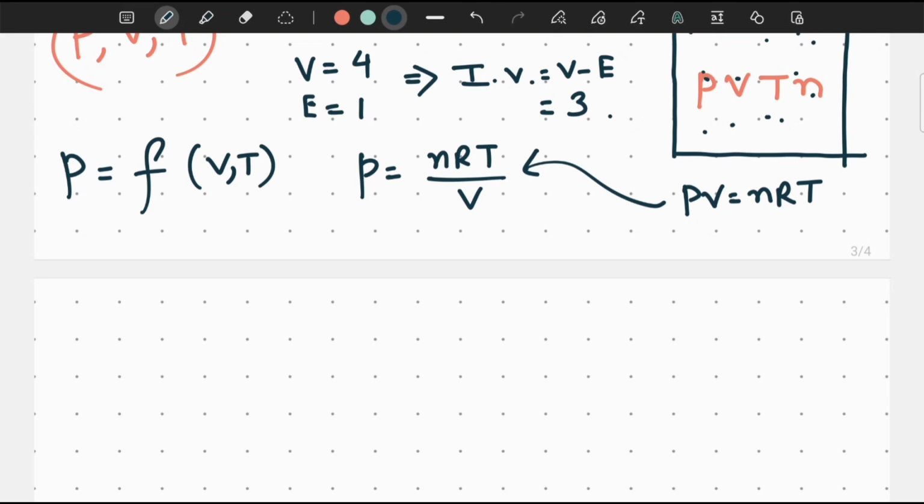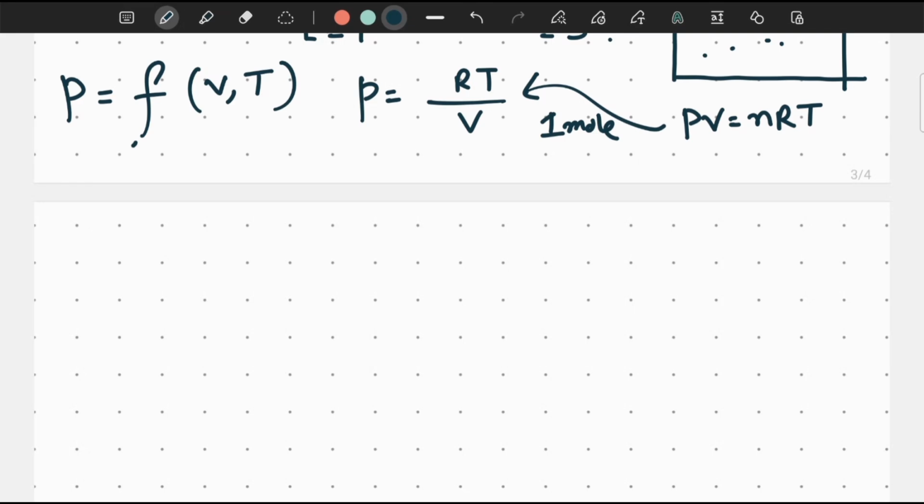You can choose N also, N, V, T, because 3 independent variables should be there. P is then a dependent variable. But we are taking 1 mole of gas, so N is constant and not a variable in that case. So it will be RT by V.